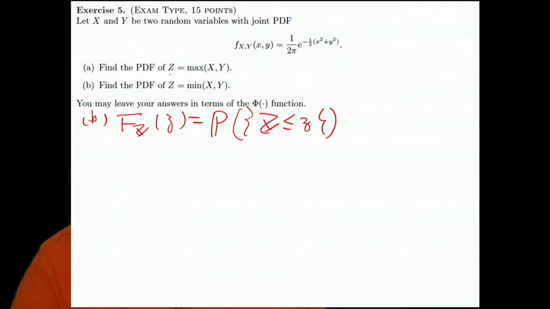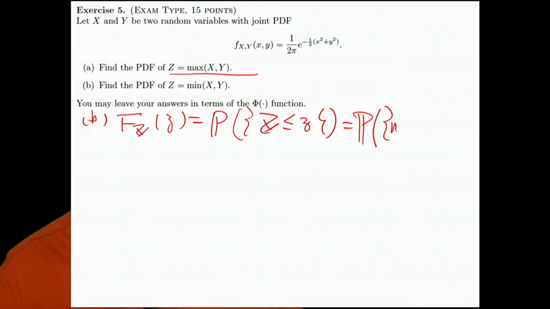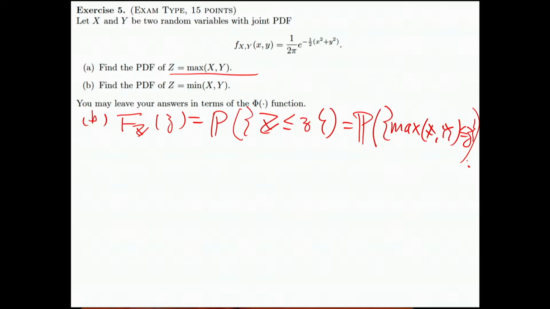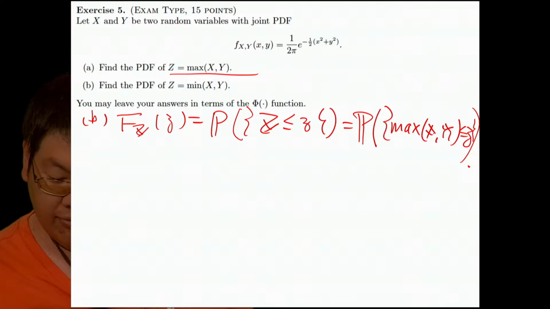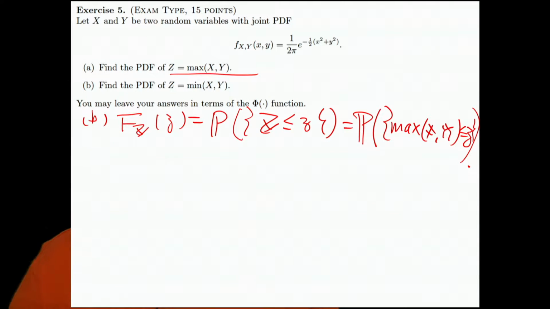Now since Z is the maximum of X and Y, I can also say this is the probability that the maximum of X, Y is less than a certain point, lowercase z. What does it mean for the maximum of X, Y to be less than z?